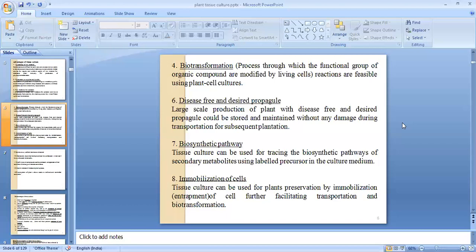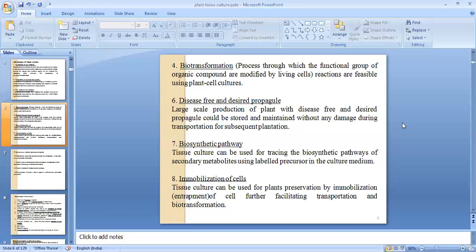That means when you are producing the plant or the secondary metabolite by the plant tissue culture method, the desired propagule can be stored and maintained for any period of time without any damage during the transportation or sometimes during the subsequent plantations.